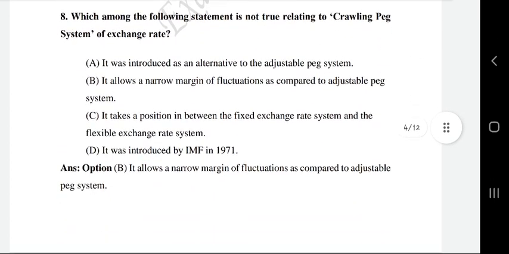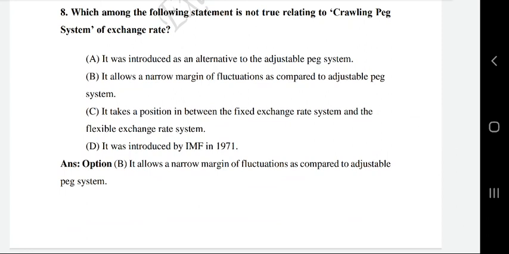Next question. Which among the following statements is not true relating to the crawling peg system of exchange rate?